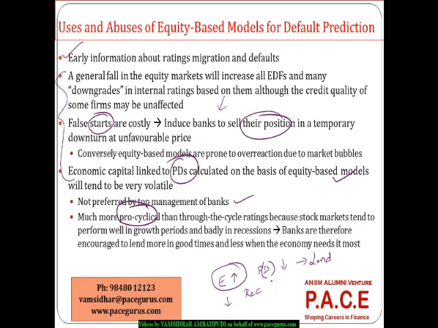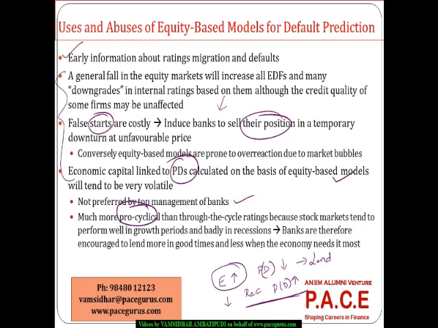Whereas during the recession, the probability of default is going to be much higher. So this is where we actually require debt to boost up the economy. But this model is simply saying that during a recessionary environment, the probabilities of default are going to be much higher.